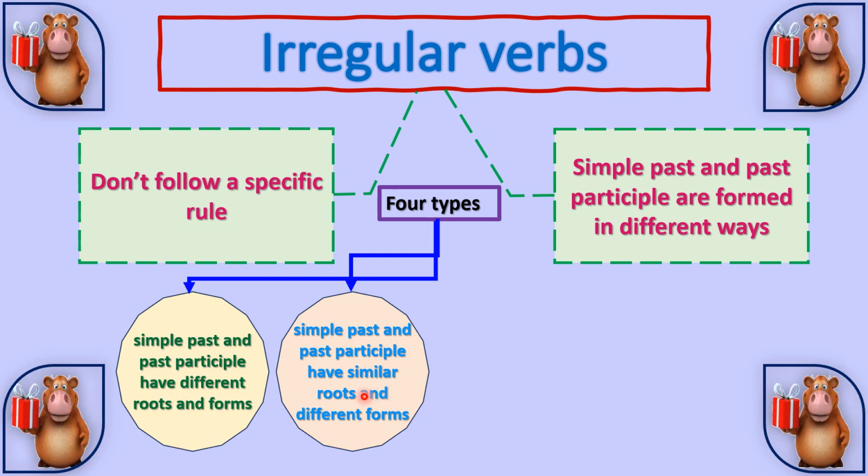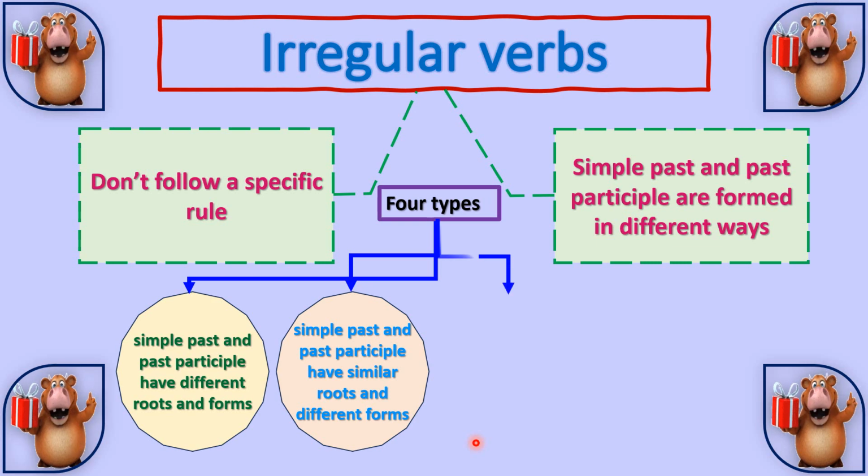Simple past and past participle have got one root but different forms. That means similar roots in both the simple past and the past participle, but the forms are different in both.